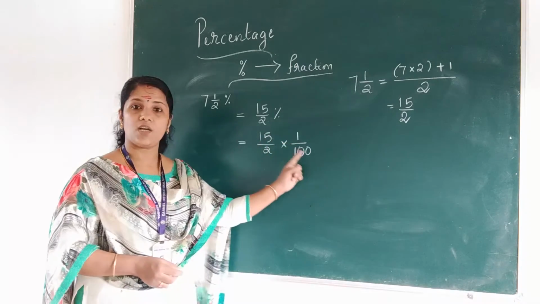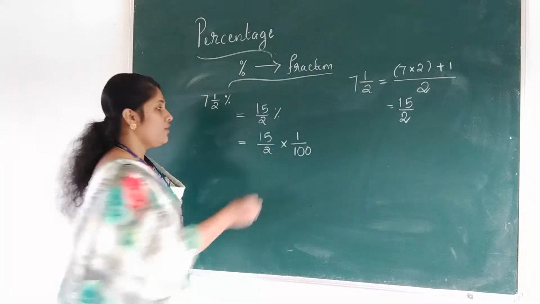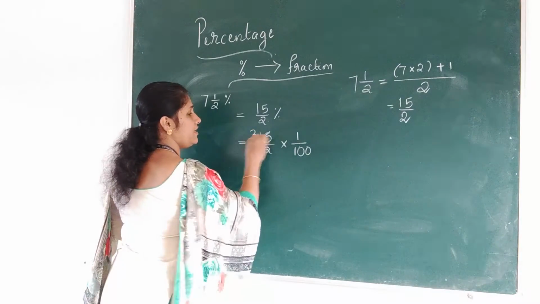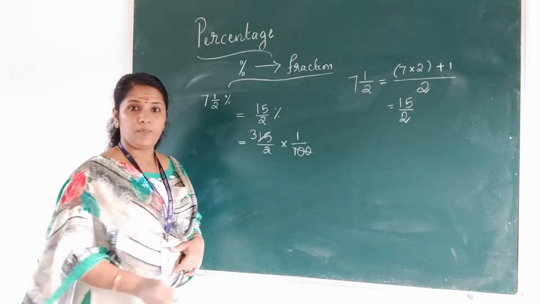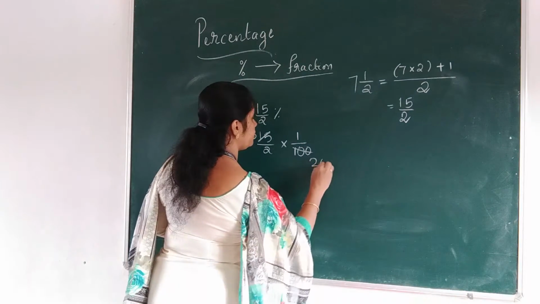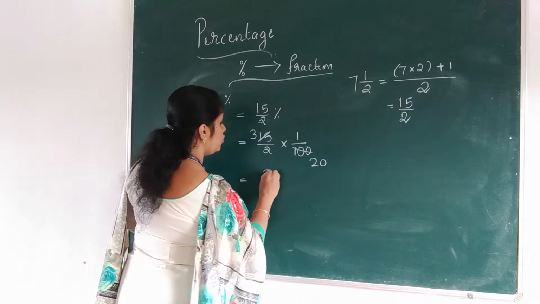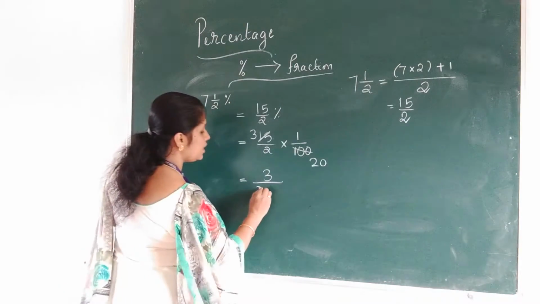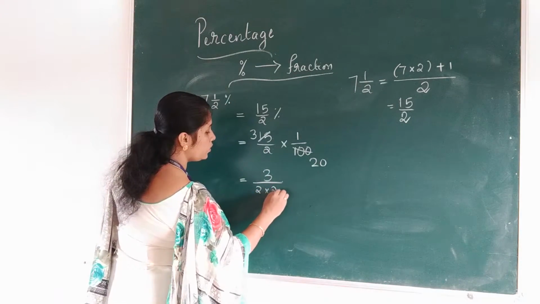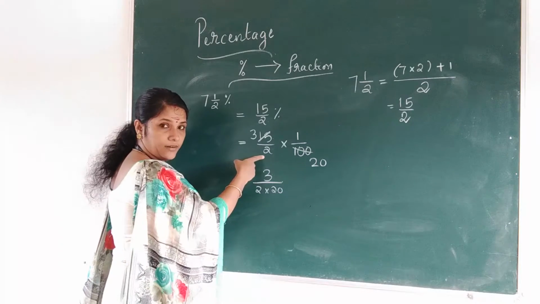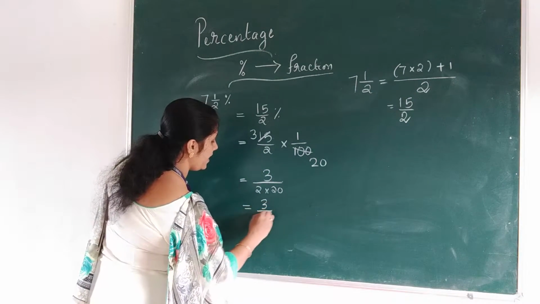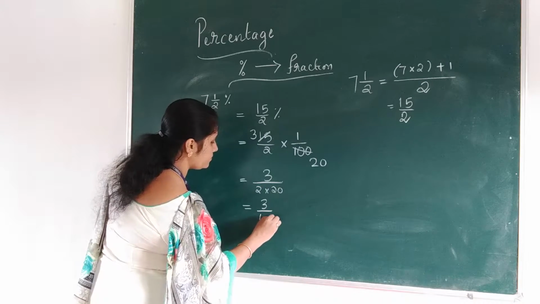Yes, 5 is the common factor. When you cancel, 5 3s are 15 and here it will be 20. Now, the numerator is 3 and the denominator is 2 into 20. So, the answer is 3 by 40.